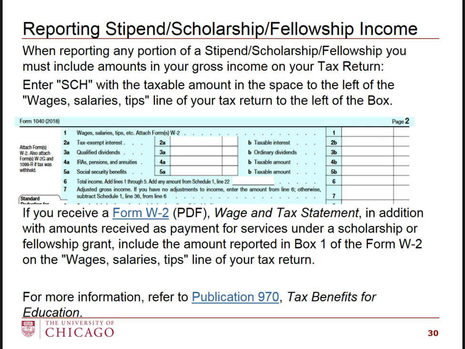It is important that you identify the total amount that is from scholarship when you're filing your tax return. For more information on how to distinguish this income, you may refer to Publication 970.